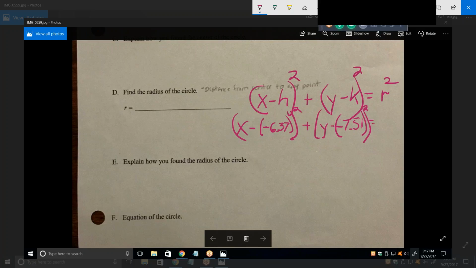Did we come up with a radius? I got 252.62.